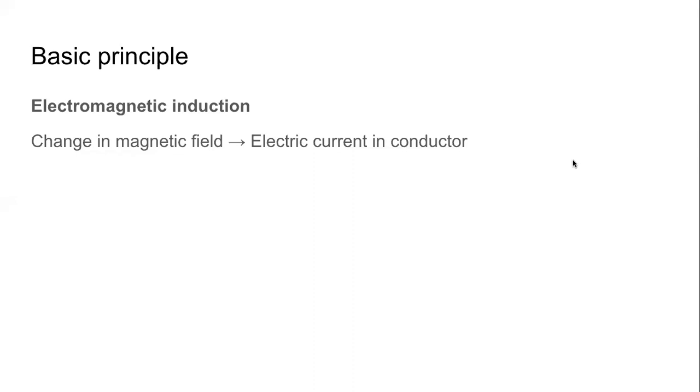Whenever there is a change in the magnetic field, if there is an electric conductor in that field, then an electric current is produced in that conductor. And we call this phenomenon electromagnetic induction. Change in the magnetic field induces an electric current.